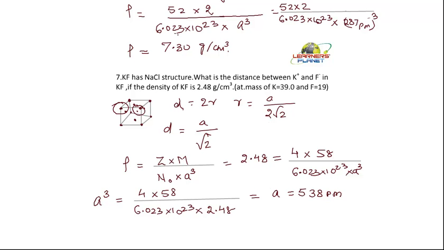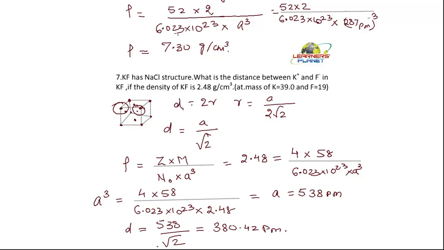The nearest neighbor distance would be equal to 538 divided by root 2, and this would come out to be 380.42 picometers, right?